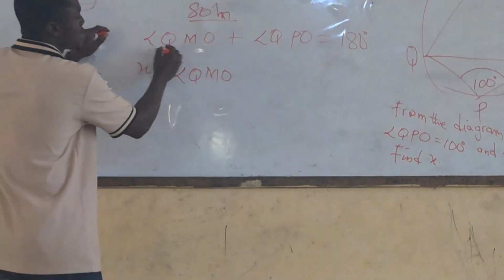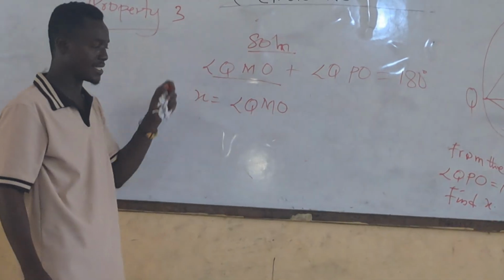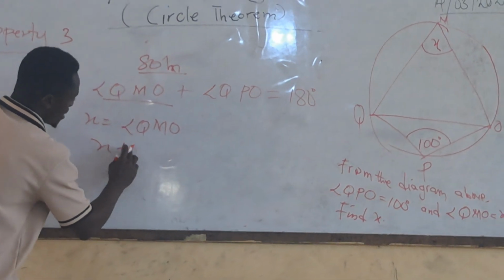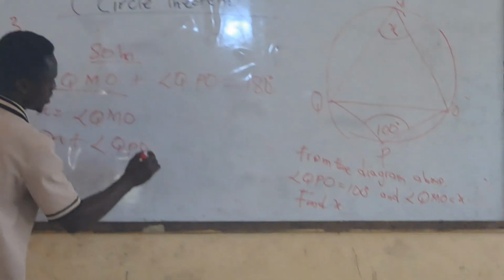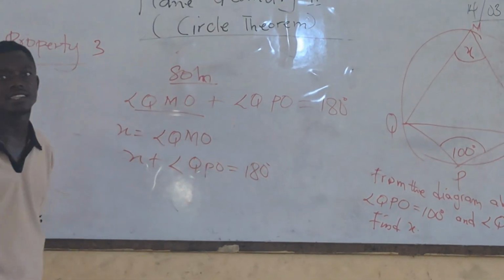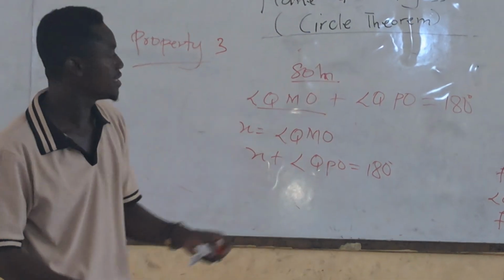So in place of angle QMO, we can substitute x. Therefore, we can say that x plus angle QPO will be equal to 180 degrees.